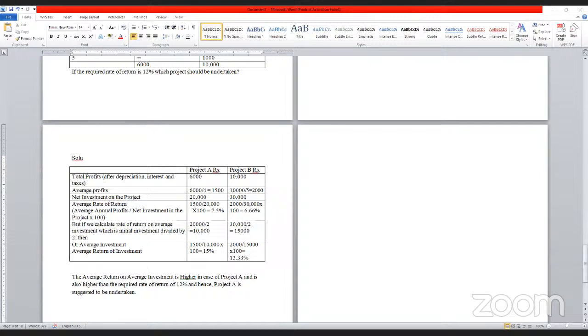We have some modern methods also in capital budgeting, like net present value and internal rate of return, IRR. These are the modern techniques. Now people are using more modern methods in capital budgeting.